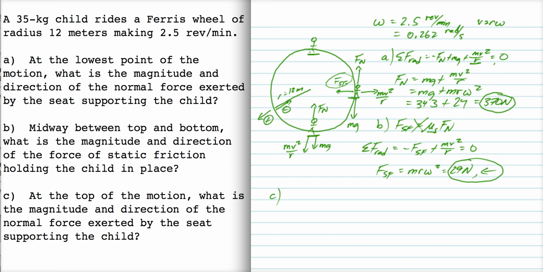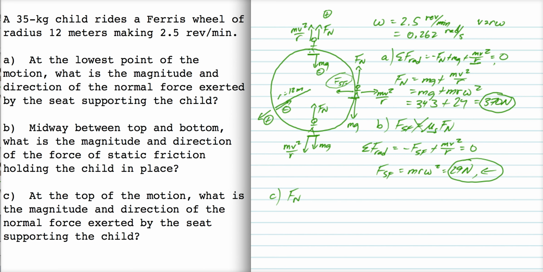And then for part C, it says at the top of the motion, what's the normal force? Okay, so again, let's draw our forces. So we've got the normal force, gravity, and then the centrifugal force, which points radially outward again. So our equation then, again, radially outward things are positive and radially inward things are negative.